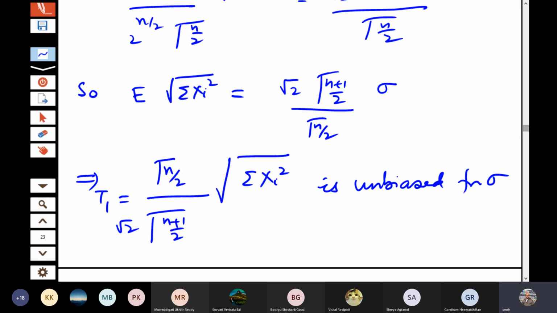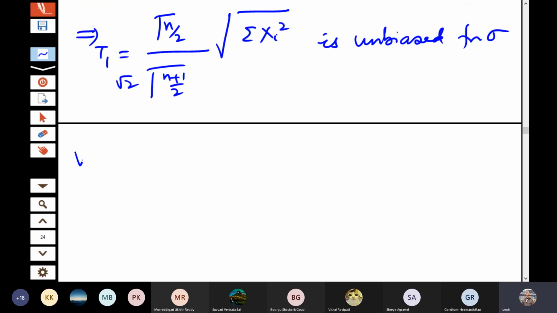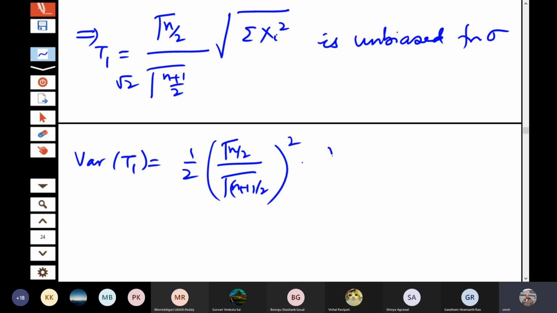If I want to compare how efficient it is with respect to RCLB, then I need to look at the variance of this because this is unbiased. So let us look at the variance of this. Variance of T1 is equal to 1 by 2 times gamma n by 2 divided by gamma (n plus 1) by 2, whole square, times variance of (Σ ξᵢ²) to the power half.